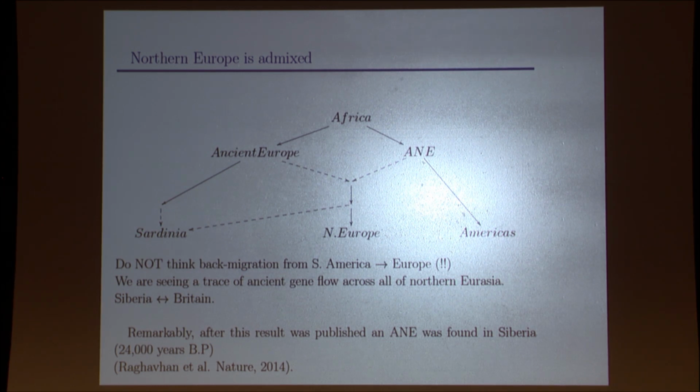We think this long diagonal line here is actually quite a weak event, but there was some evidence in the data. But also ancient Europe can form into Sardinia. That is a small event, and this is the large one. So fundamentally, Northern Europeans are a mix of ancient Europe and ancient North Eurasians.